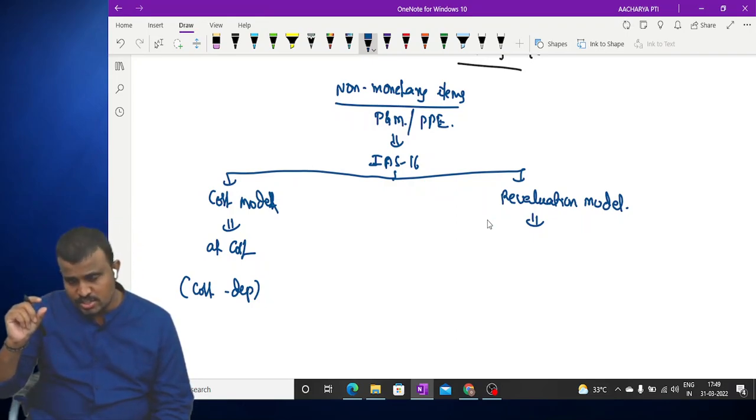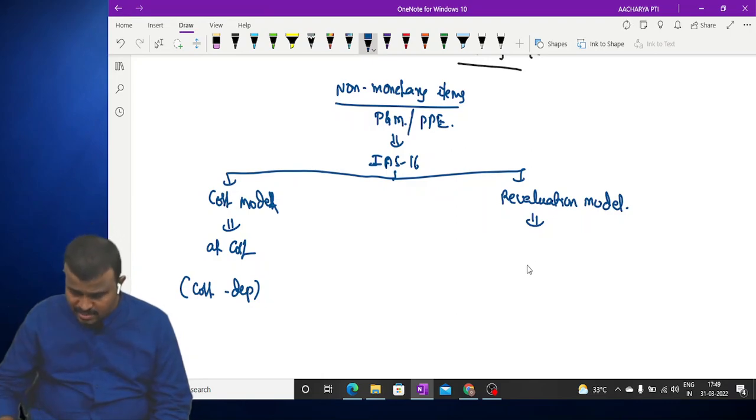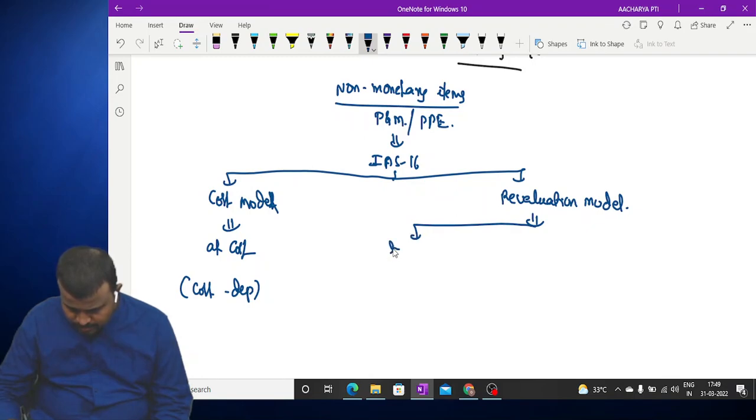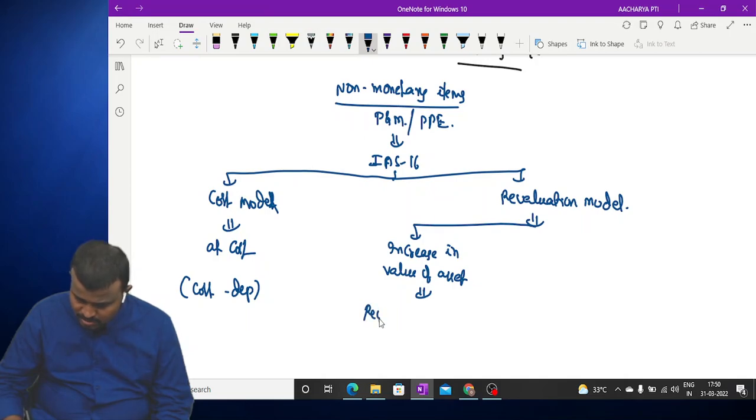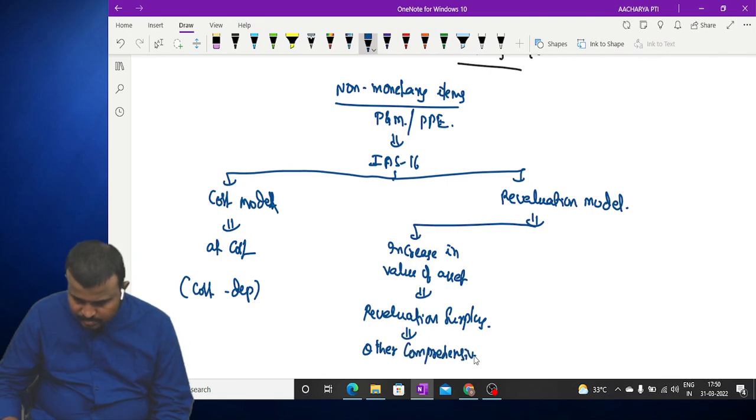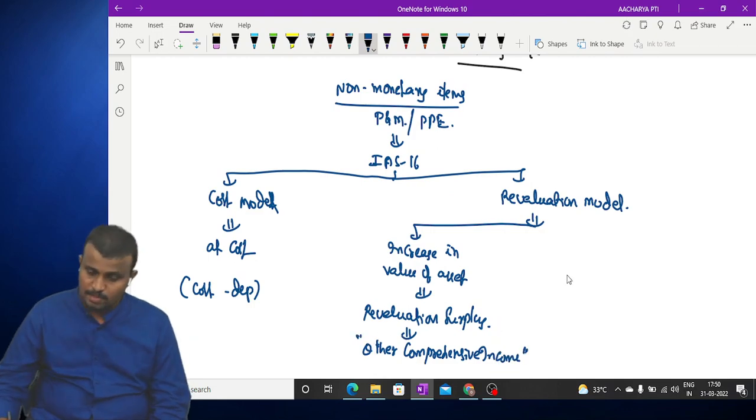In case of an increase in the value of an asset, that increase is transferred to revaluation surplus and is shown under other comprehensive income.